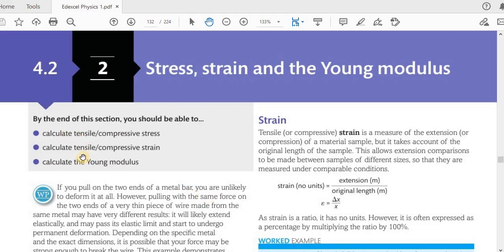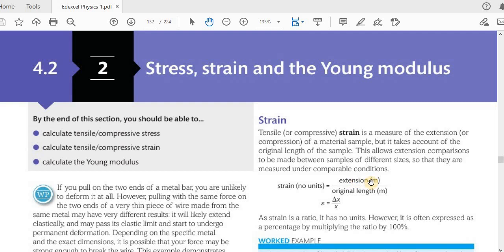Then calculate tensile or compressive strain. Again, if you pull a spring, then you have an extension. Now what is strain? Strain is extension over original length. This can also be how much it is compressed by.